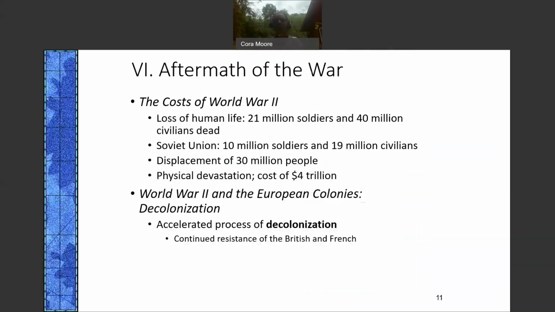All right, so there we go. So I was close on my estimate. I'm pretty sure I said 60 million people died in World War II, and according to my numbers there, it would be 61 million. So I did pretty good there, right? And then as far as the physical devastation, the cost to rebuild towns and rebuild nature and build back up the agricultural fields, we'd say that was somewhere in the range of $4 trillion.